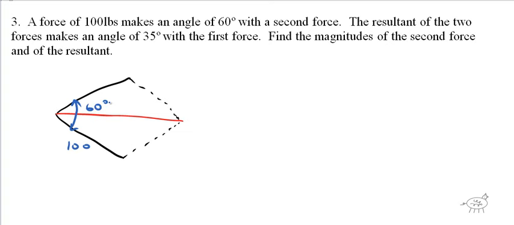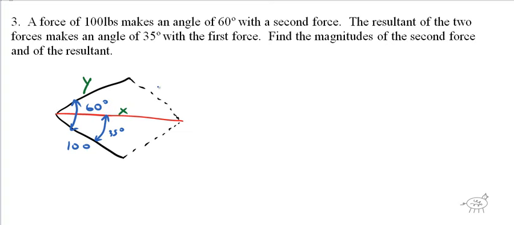The resultant of the two forces makes a 35 degree angle with the first, so this is 35 degrees. We'll do another color here. We'll call the resultant X and we'll call the second force Y. Let's transfer some stuff up to the top triangle because I just labeled that Y on top, and it's a little bit easier. Do you agree if that's 100?